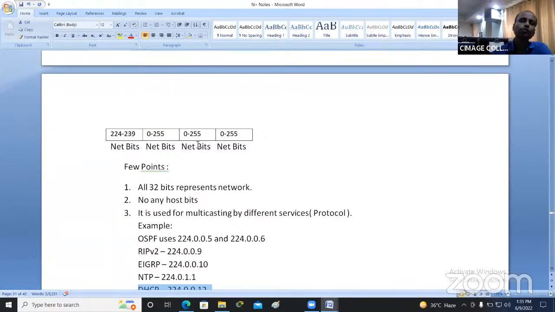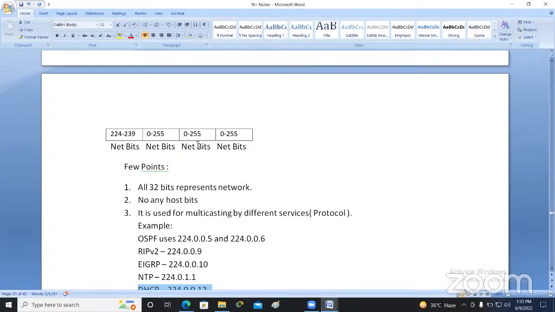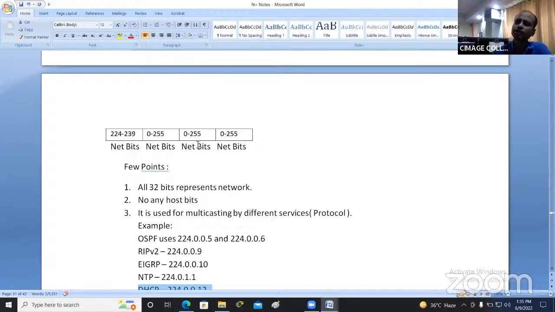Now, we will do some extra exercise again for class A, B, and C. Actually, I have given you the theoretical concept that, okay, fine, class A range is 0 to 127, class B range is 128 to 191, and so on.